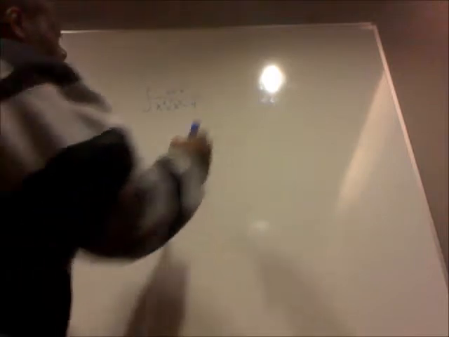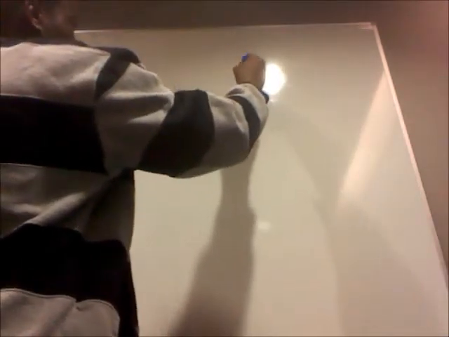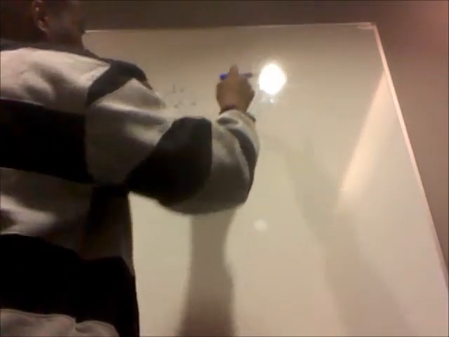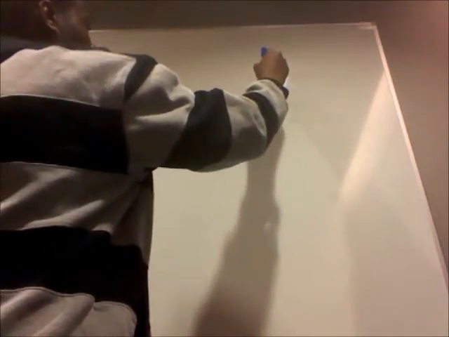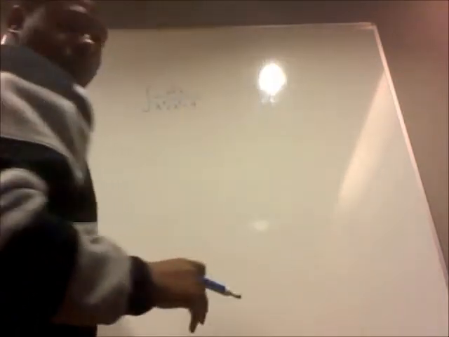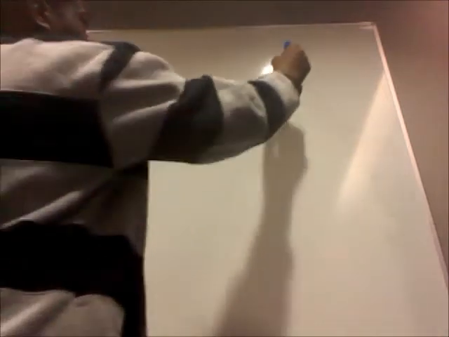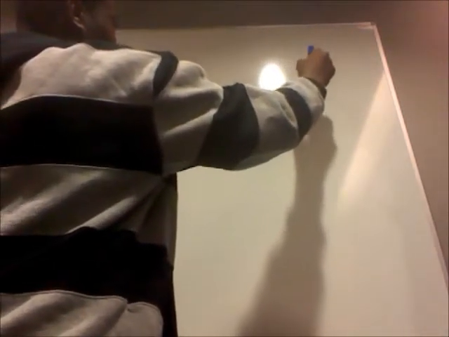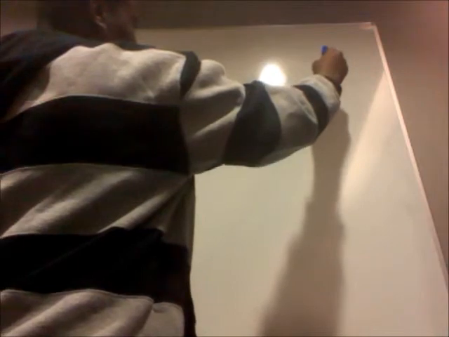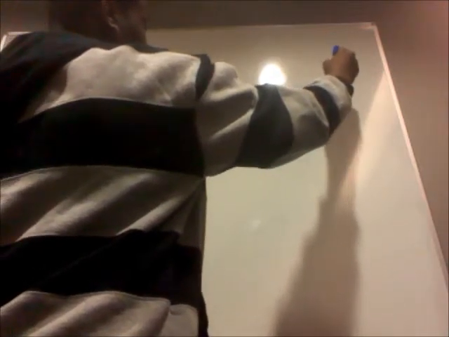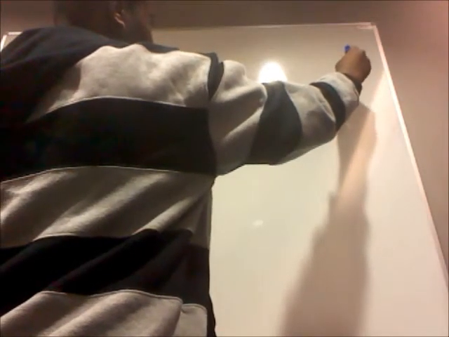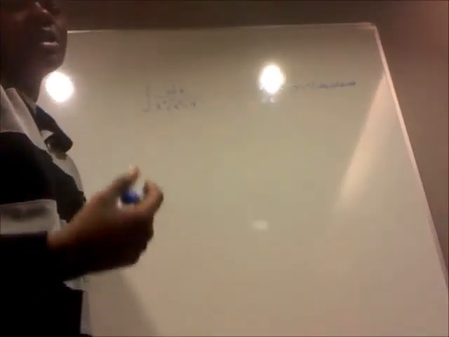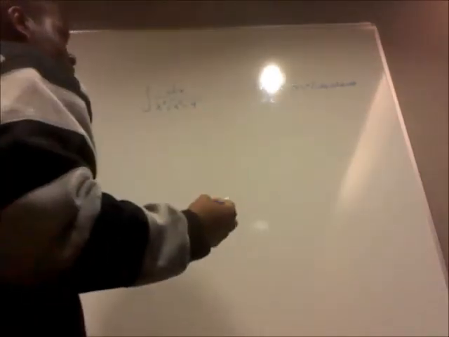So we'll say x equals a secant of theta, and our a is going to be 2, so 2 secant of theta. Our dx is therefore equal to 2 secant of theta tan of theta.